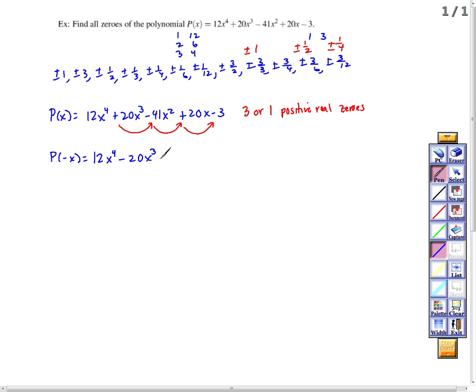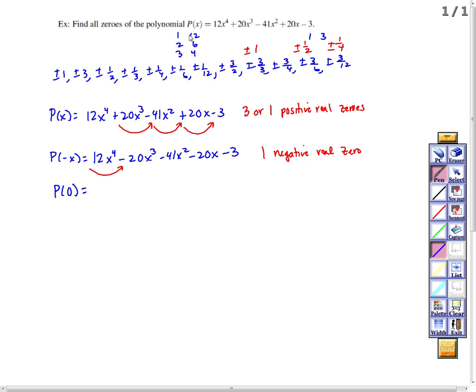Minus 41x squared remains the same. Plus 20x turns into minus 20x, and then I have my constant minus 3. Look for variations in sign. I have 1, and that's it. So there's 1 negative real zero.